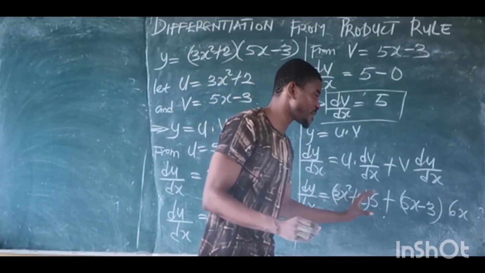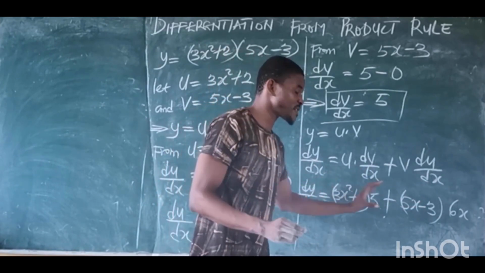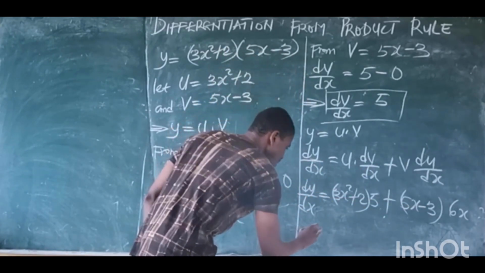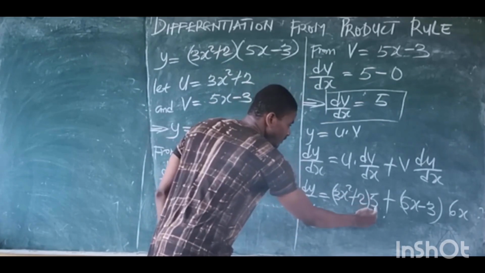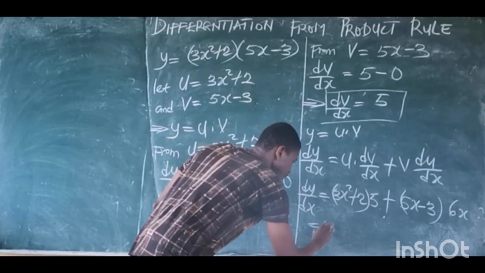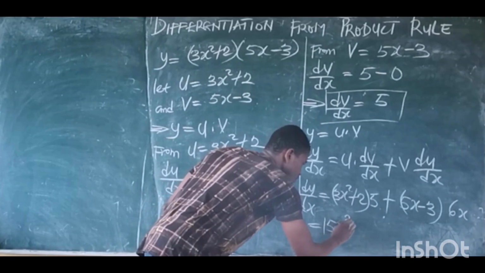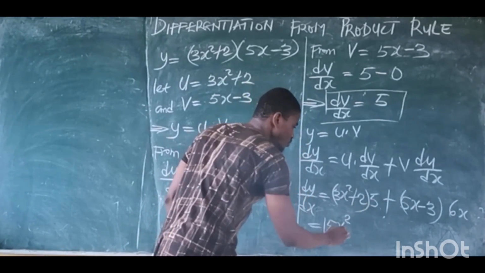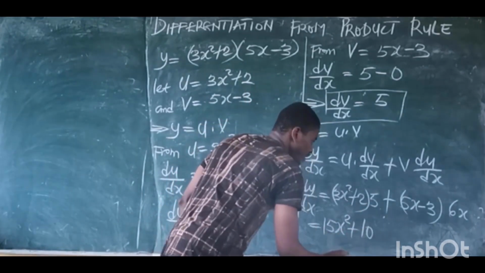Now you may wish to expand the bracket, or you may wish to leave your answer like this, but let's expand the bracket and see. So this becomes 5 times 3x squared gives us 15x squared. 5 times 2 gives us plus 10.